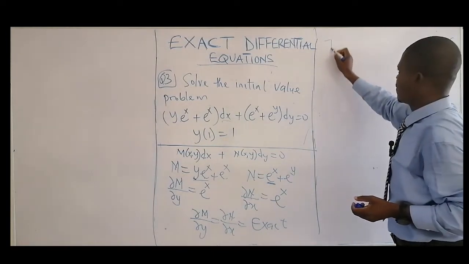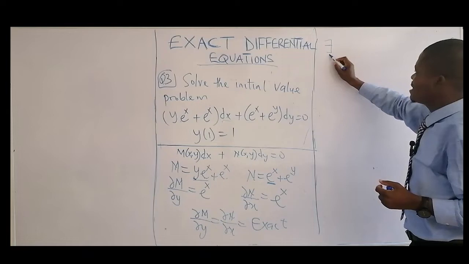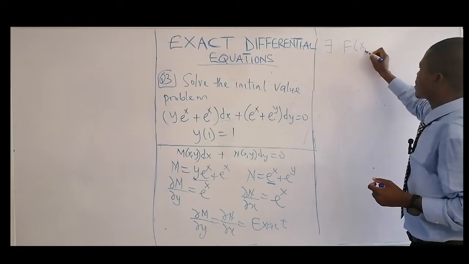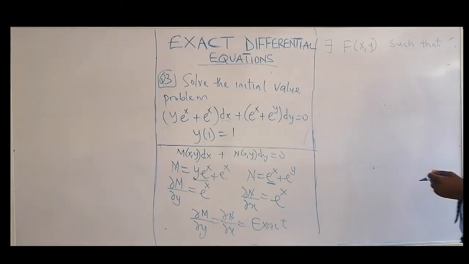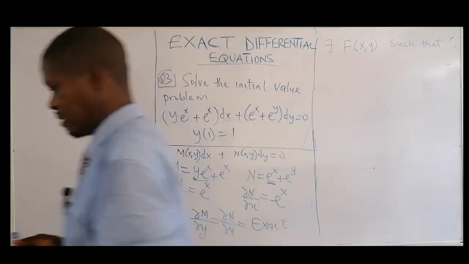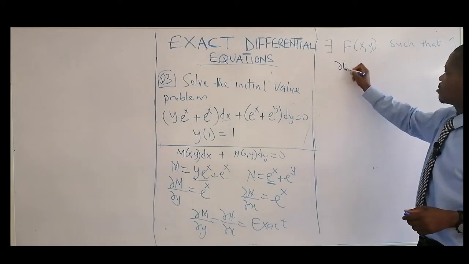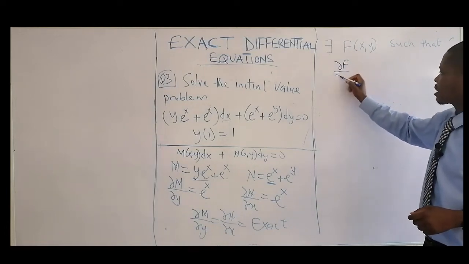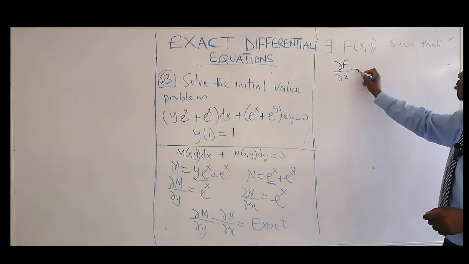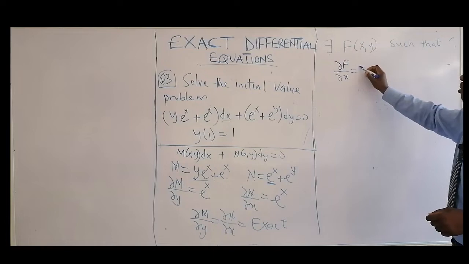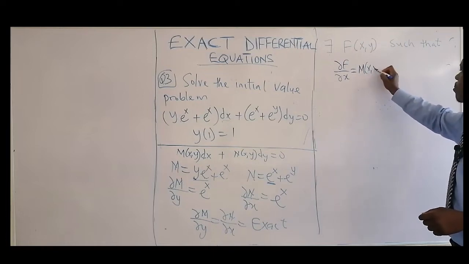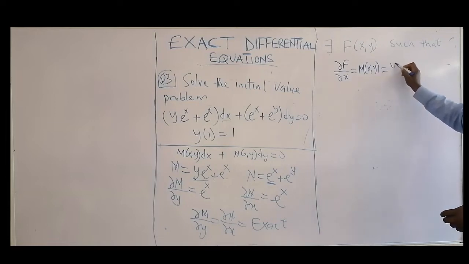You make a statement there: therefore, since it's exact, there is a function f(x, y) such that the partial differential of f with respect to x equals M, and my M is this plus this.